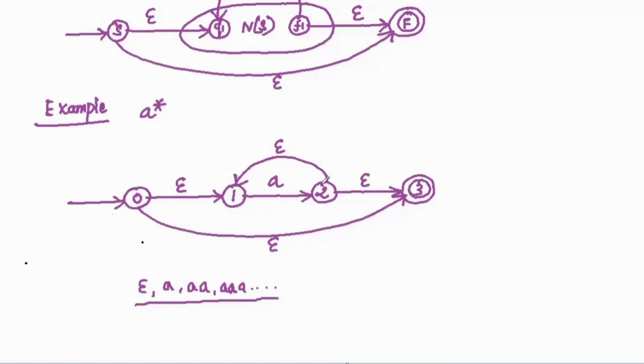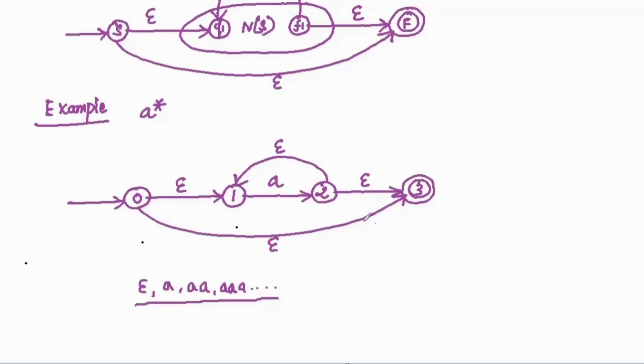Similarly, a transition from state 2 to state 3 occurs upon receiving an epsilon symbol. This recursive behavior allows for sequences such as epsilon, A, AA, AAA and so on for the input A star. These are the 5 rules for converting regular expression to finite automata.